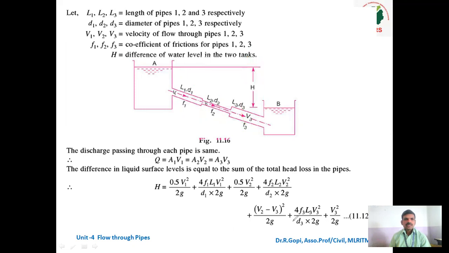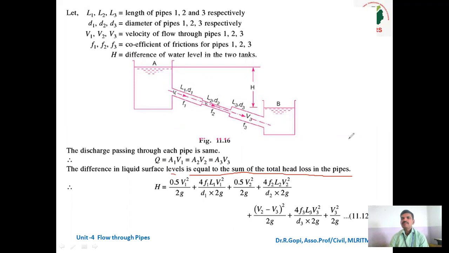Now the discharge passing through each pipeline is the same. As per the continuity equation, whatever the length or diameter, the discharge will be the same. So Q is equal to A1 V1, equal to A2 V2, equal to A3 V3. The difference in liquid surface level, that means H, is equal to the sum of the total head loss in the pipes.